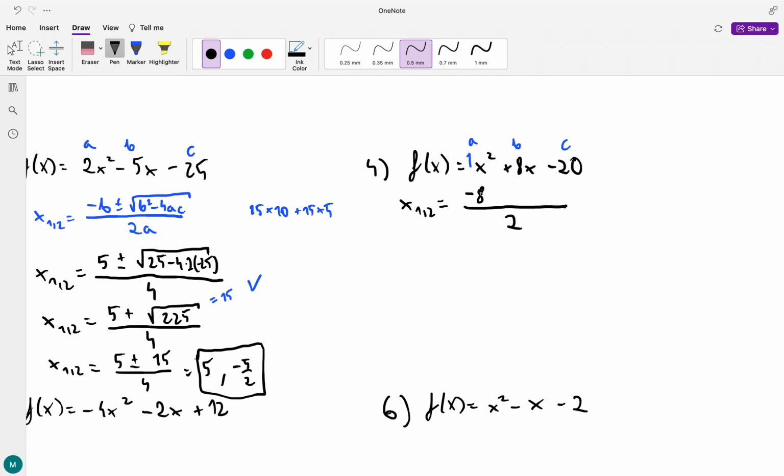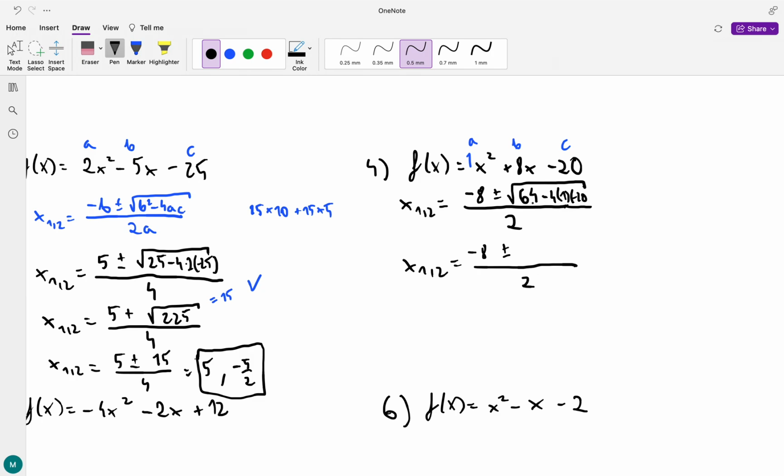Negative b is negative 8, plus minus big square root. 8 times 8, or 8 squared, is 64, minus 4 times 1 times negative 20. Let's start by figuring out what's underneath the radical. So x1, 2 is equal to, we can just copy the rest, negative 8 plus minus, obviously divided by 2a.